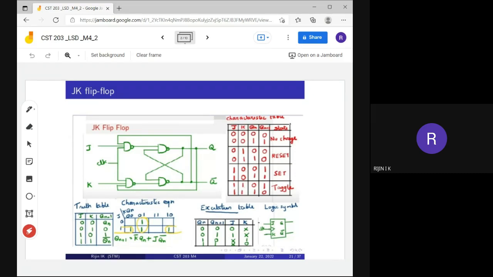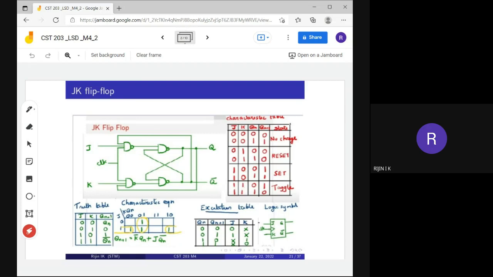But in some situations, the clock pulse may be too long compared to the propagation delay of the circuit. In that case, suppose it is a level triggered flip flop.